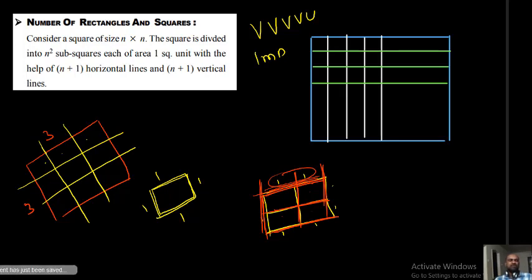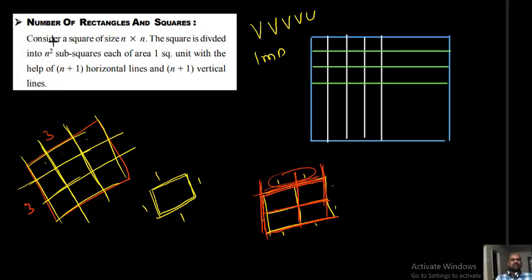So 9 squares I got, all having 1 unit as side. Here 1, 2, 3, 4 vertical lines and 1, 2, 3, 4 horizontal lines. Understood? So 4 vertical lines and 4 horizontal lines give 9 squares of 1 unit length. Here 3 vertical lines and 3 horizontal lines give 4 squares of 1 side length. Okay.